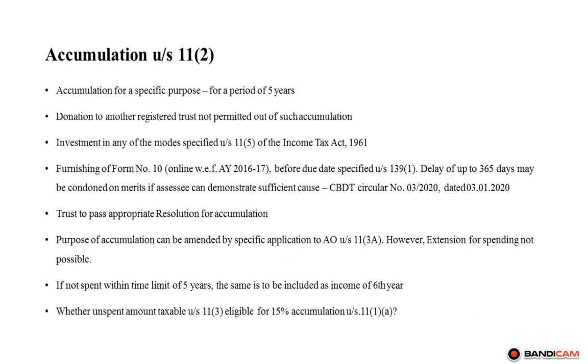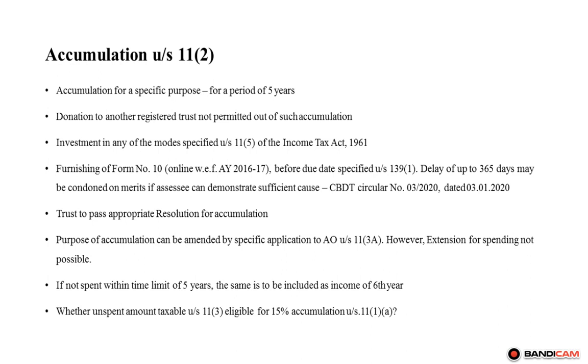Investment in any of the modes specified under section 11 subsection 5 of the Income Tax Act 1961. So from the accumulation fund the trust cannot make an investment by their own rules.